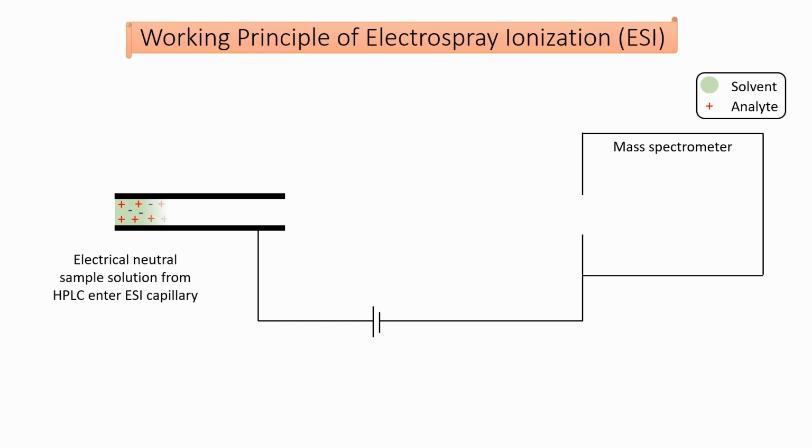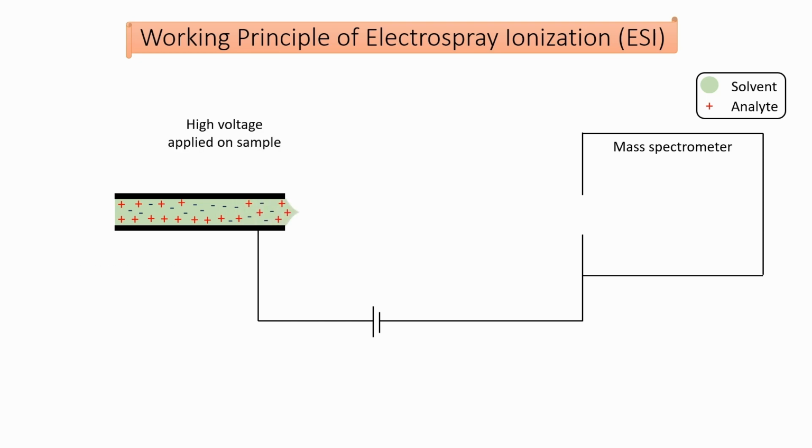Now, we will proceed to learn about the working principle of ESI. Ionization with ESI starts off with electrically neutral sample solution from the HPLC entering the ESI capillary tube. When the sample solution reaches the tip of the capillary, a high voltage is applied on the sample solution. This will generate a fine mist of charged droplets with the same polarity.